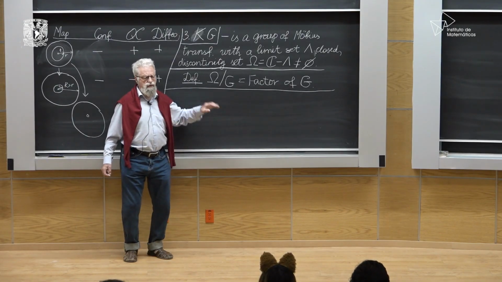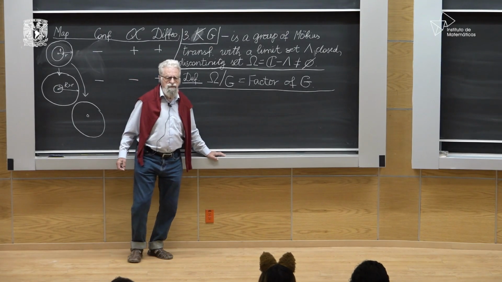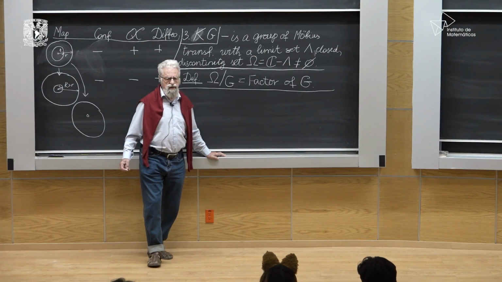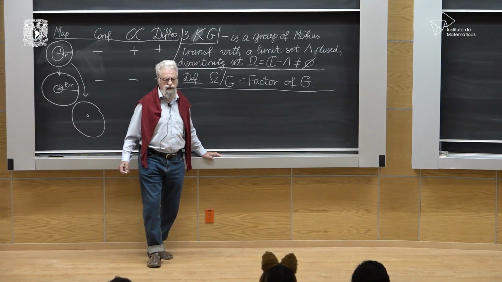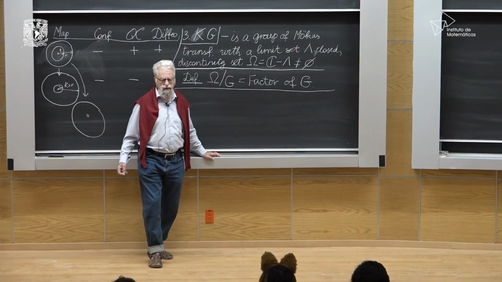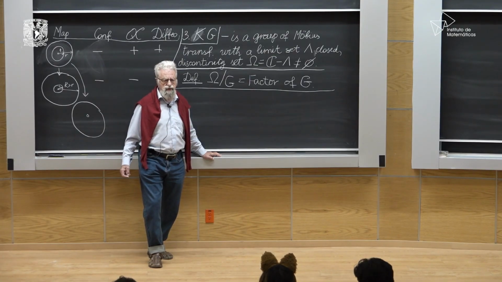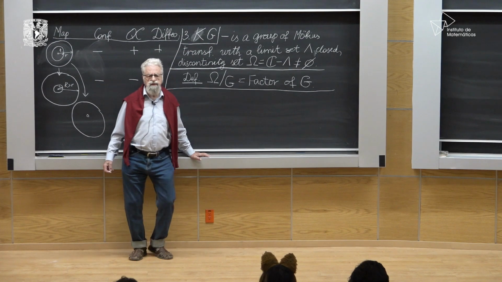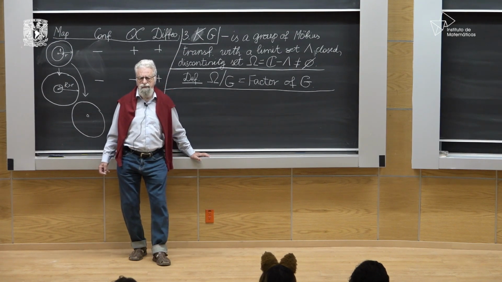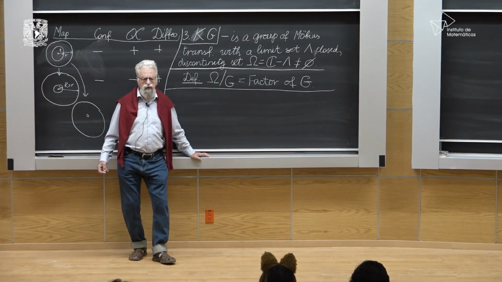You take a group, you take its factor, you suppose that some of the components is a Riemann surface of a finite type, then you can construct a new group.